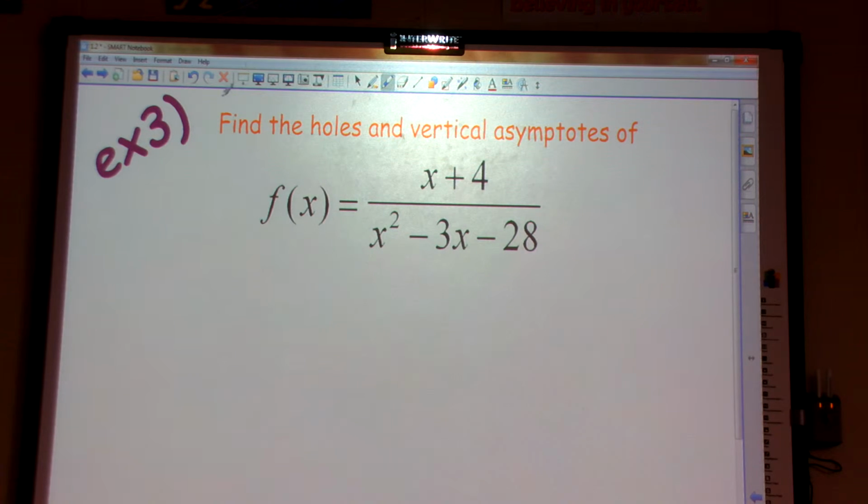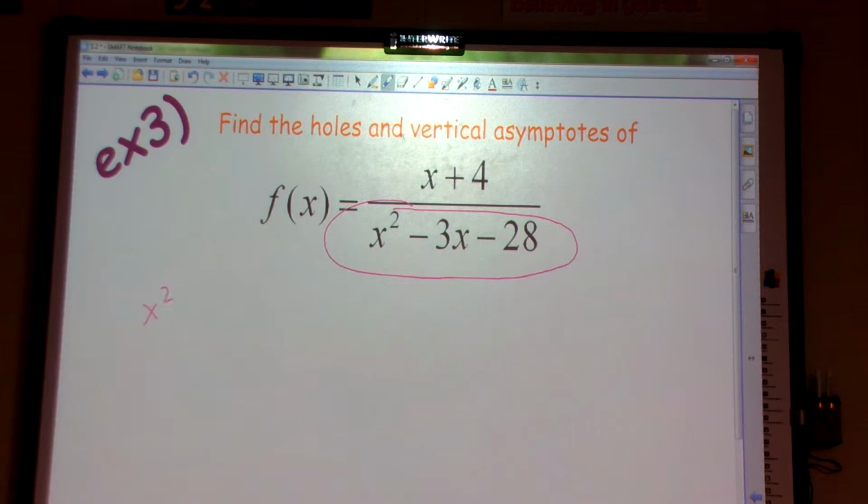My directions also might say find and identify, because when you find them, you better tell me, are they a hole or are they vertical asymptotes? So here's what we're going to do. We're going to find when the bottom equals 0, because that happens on both holes and asymptotes.